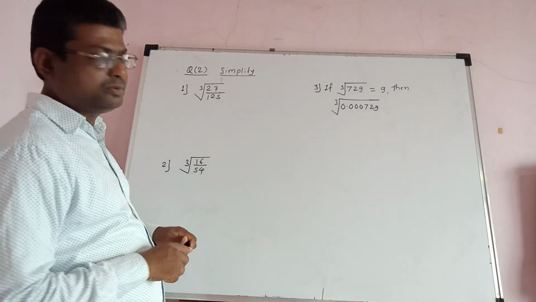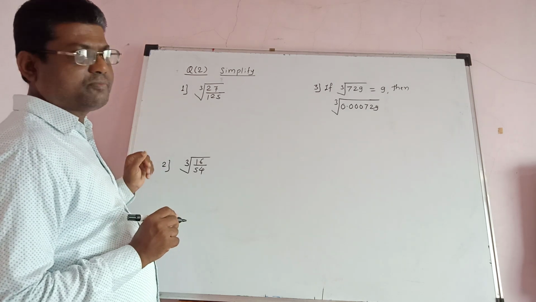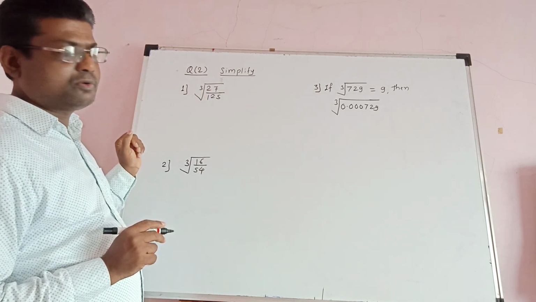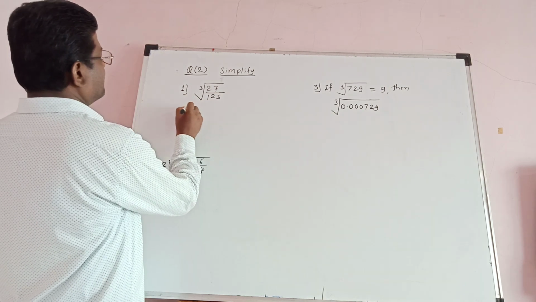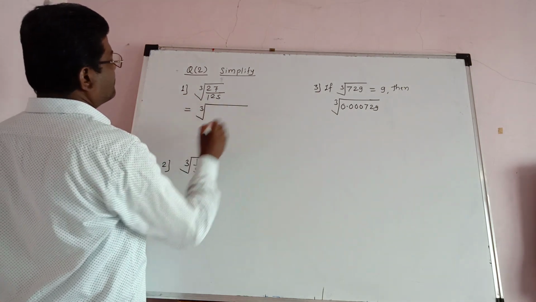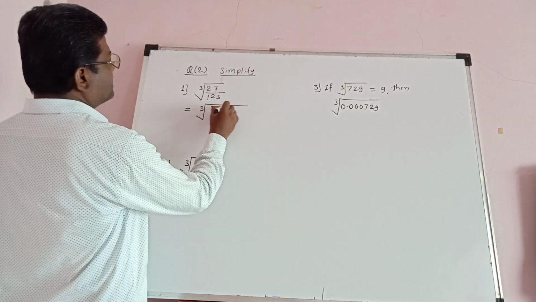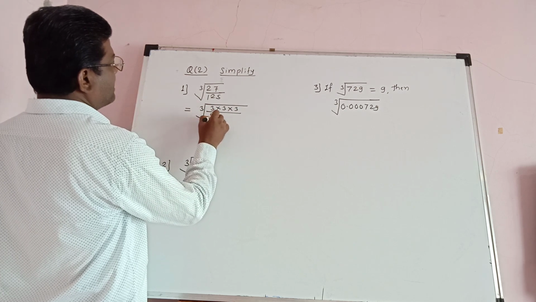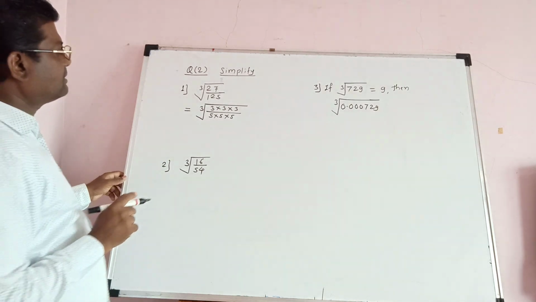Question number 2. Simplify. Example number 1. Cube root of 27 upon 125. This is equal to cube root of: 27 can be written as 3 into 3 into 3, and 125 can be written as 5 into 5 into 5.